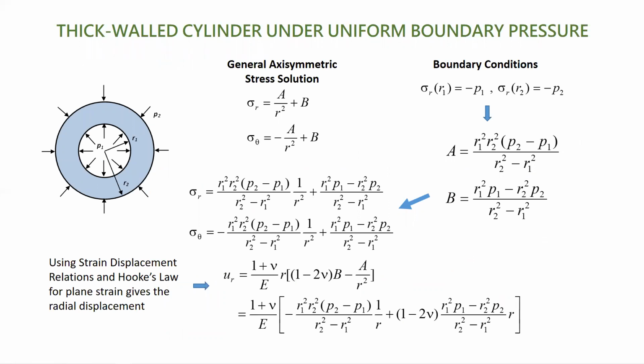And the overall solution is better explained in this chart, where the radial and hoop stress, sigma r is radial and sigma theta is hoop stress, are defined based on the dimensions of this cylinder and also internal and external pressure. And identically, the radial displacement is defined.